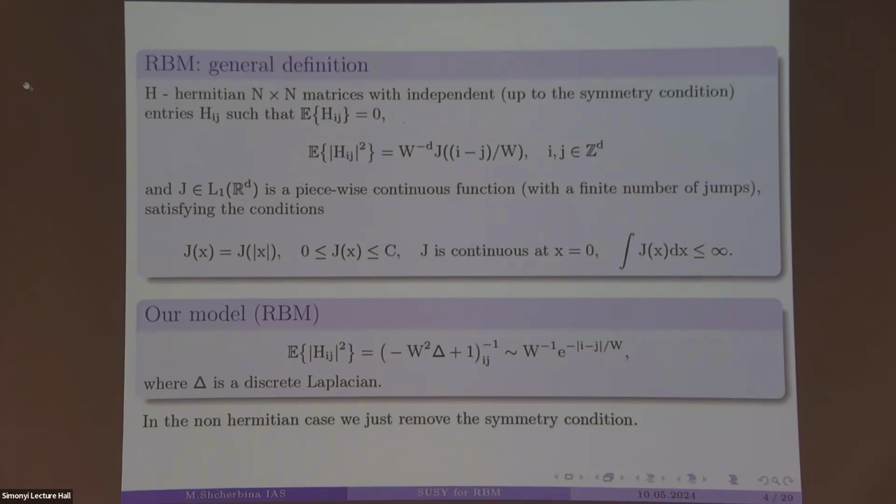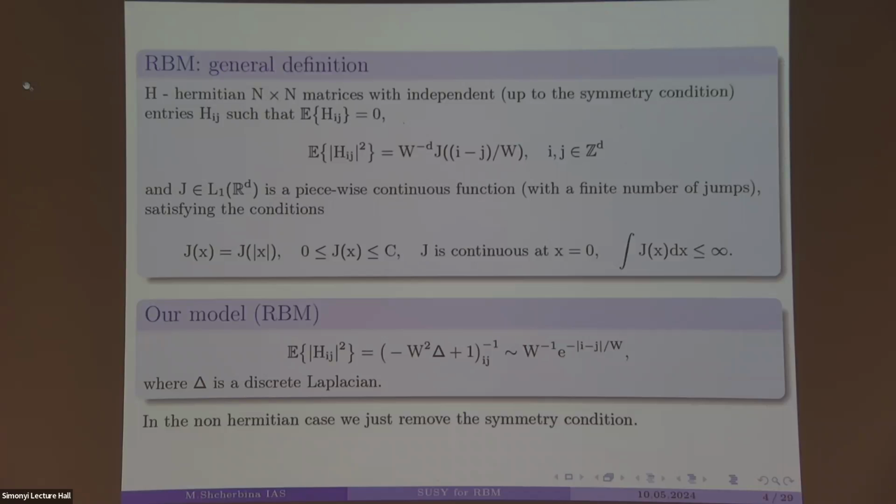So, the same condition: we consider the interaction with mean 0 and variance proportional to W^{-d} J((i minus j)/W). And in fact, for any J, we have so-called band matrices.